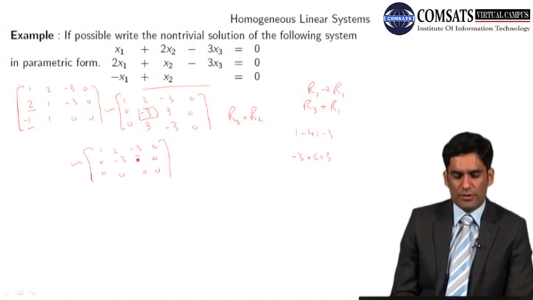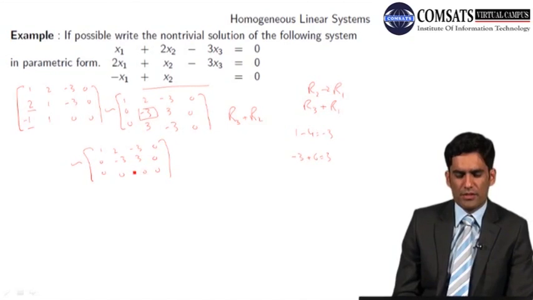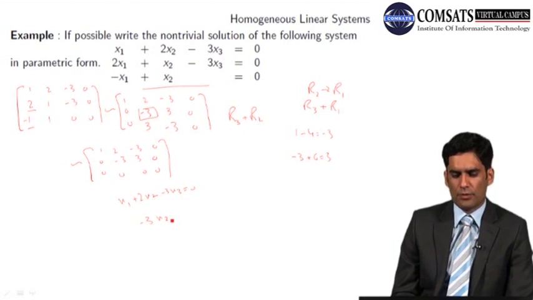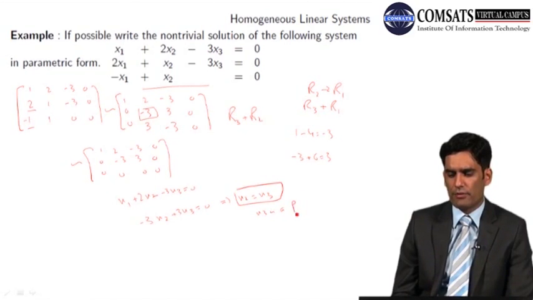When I transform this augmented matrix, which is in echelon form, into the equations, I have -x1 plus 2x2 minus 3x3 equals 0, and -3x2 plus 3x3 equals 0. From here I have x2 equals x3, and my x3 is a free variable.